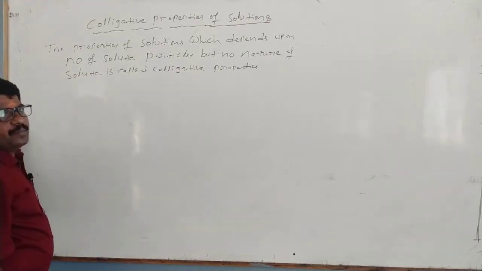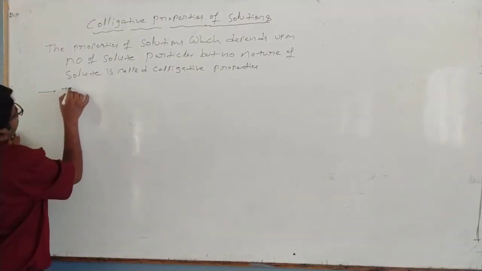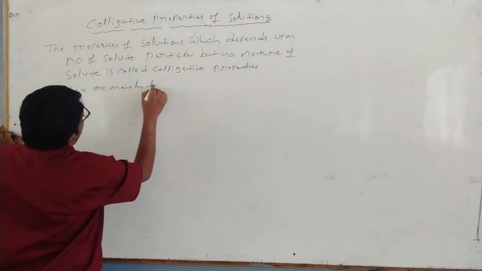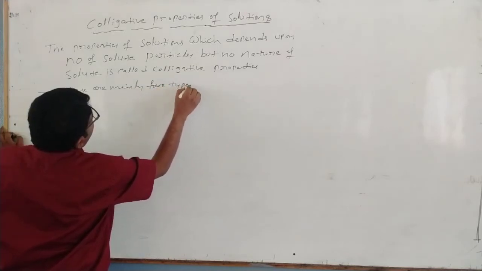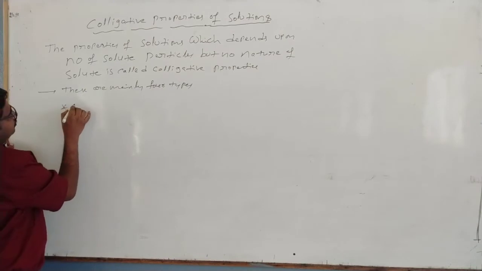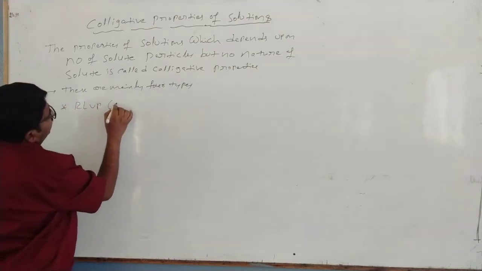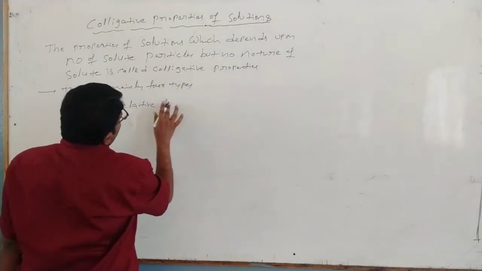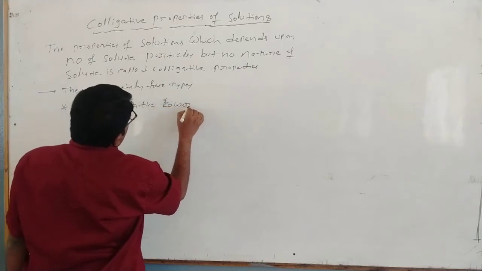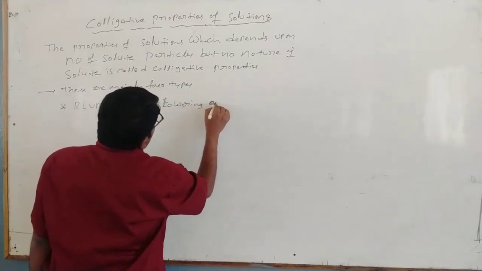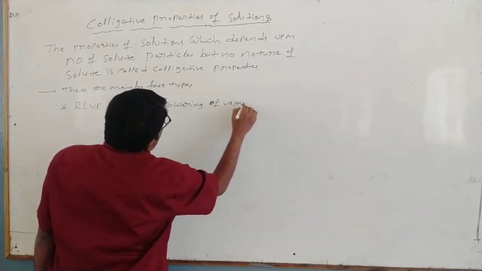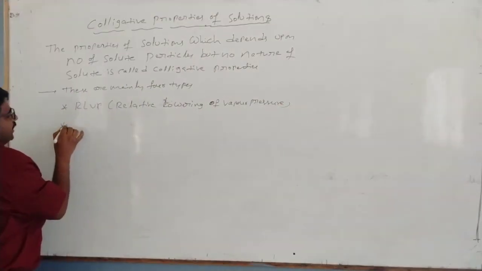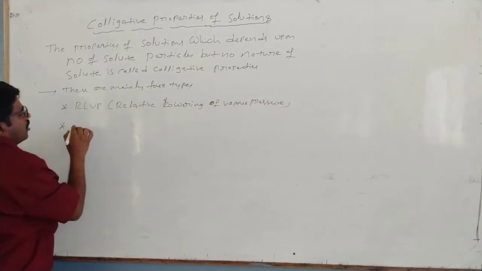These colligative properties are mainly four types. First one is RLVP, that is relative lowering of vapor pressure. Second one is elevation of boiling point.